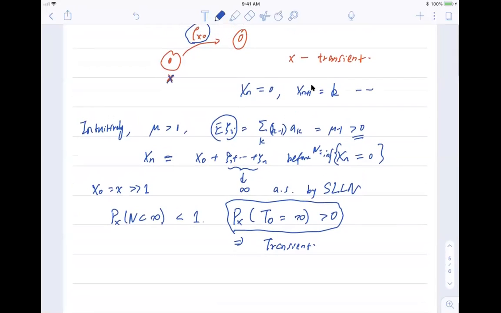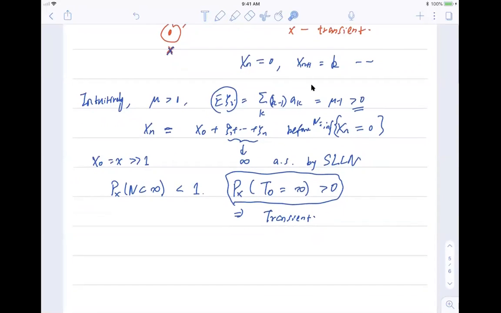So if mu is bigger than 1, each increment on average is greater than 0. If you draw a picture, we're starting from x, and we can move to x plus 1 or x minus 1, and here is 0.